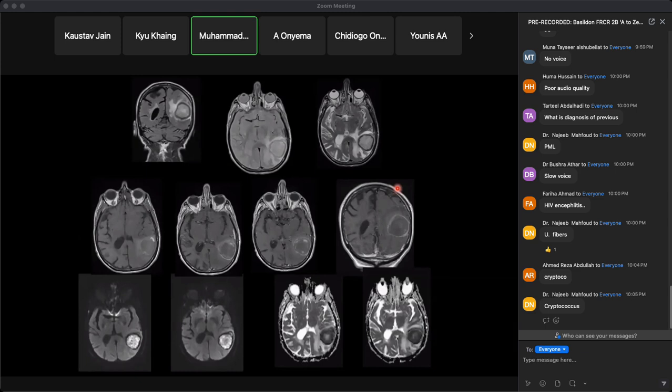So I'm focusing at the bottom slides, which are the DWI sequence, and it shows restricted diffusion, which is in keeping with an abscess. And which part is the restriction? Is it in the wall or is it in the lumen of the lesion?